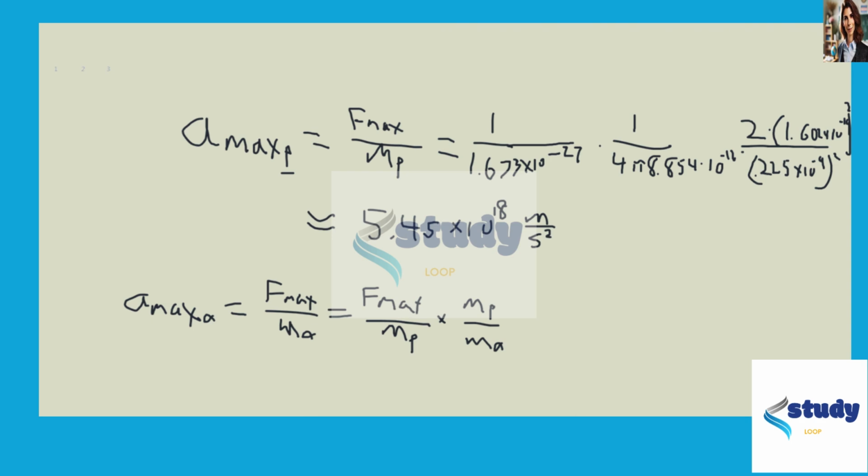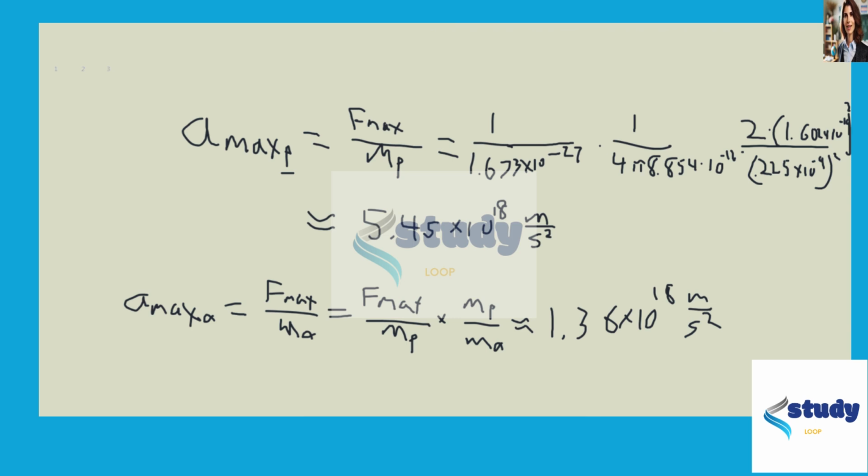This part, we're told the alpha particle is 4 times the mass of the proton. So this is just 1 divided by 4. And so this answer is just this answer divided by 4, which is approximately 1.36 times 10 to the 18 meters per second squared.